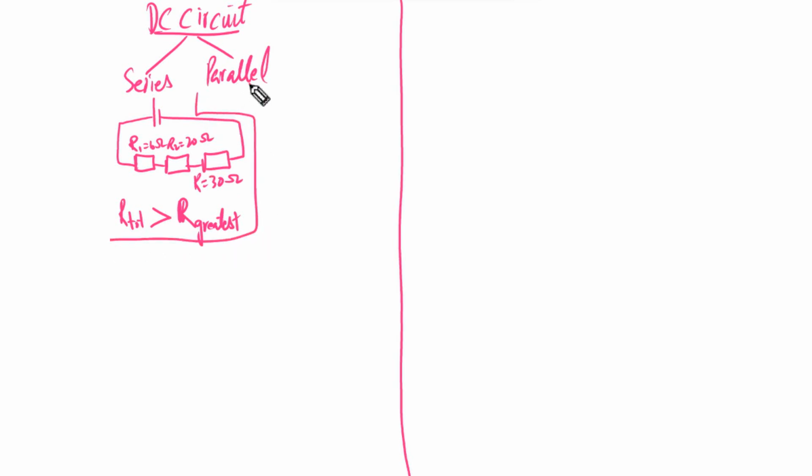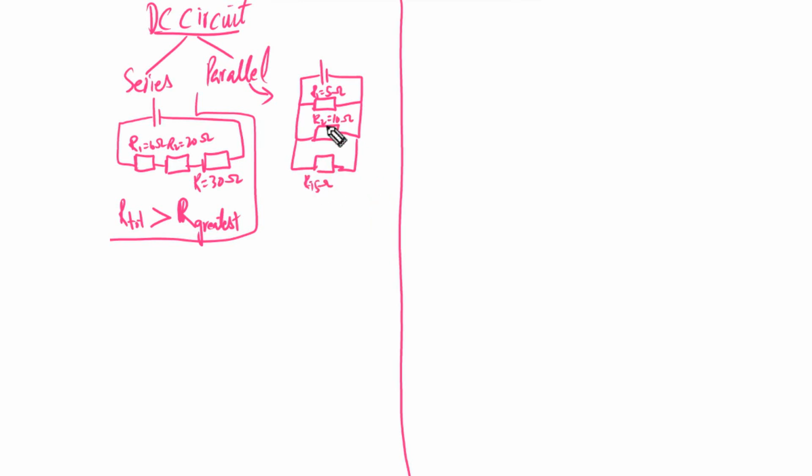The second thing, for parallel circuit, you also need to understand. If we have a circuit and we connect these resistors in parallel, let's say R1 is equal to 5 ohms, R2 is equal to 10 ohms, and R3 is equal to 15 ohms.